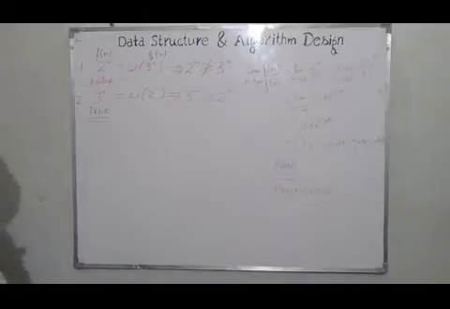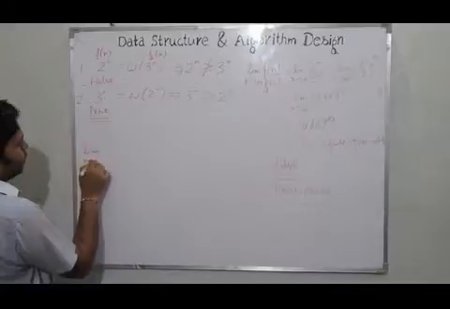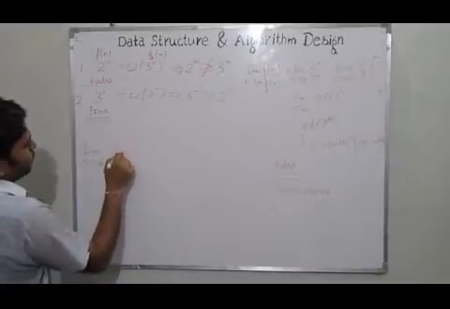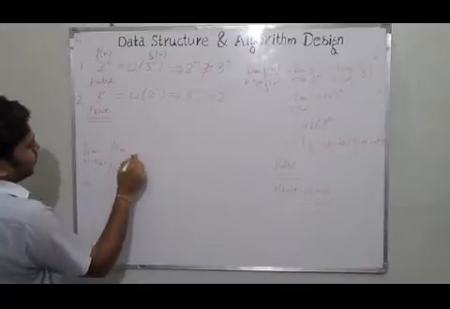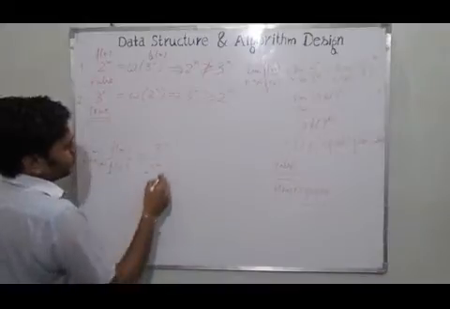We can also evaluate the other case through the limit definition to understand whether it is true or false. If we evaluate f(n) over g(n), it will be 3n and 2n.